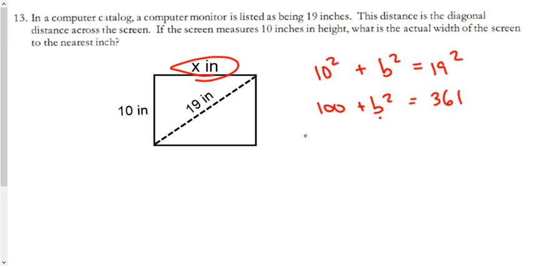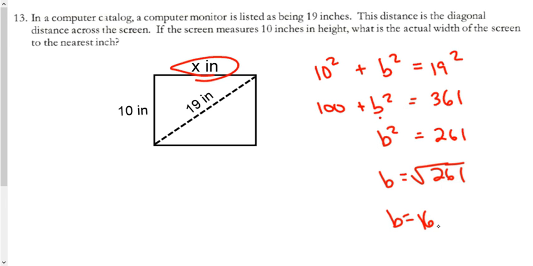And hopefully you can follow subtracting 100 from both sides to get 261. And then, hey, what's the square root of 261? If you don't want to round, this is the actual answer, the square root of 261. But to get you a little bit more of a real world feel of how large this monitor is, it'd be about 16.2 inches if you rounded.